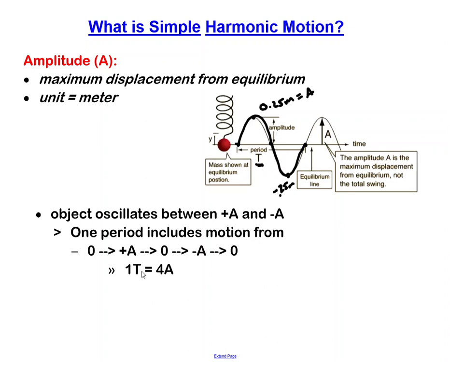One period occurs when an object has gone through 4 amplitudes. So here's one amplitude from here. I'll do it in a different color. From here to here is one amplitude, so that's A. From here to here is 2 amplitudes, so there's an A. Here's A. Get this pen to work right.